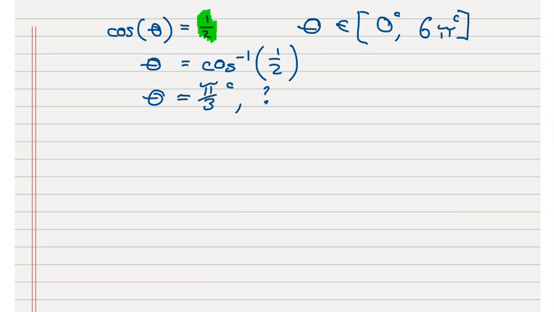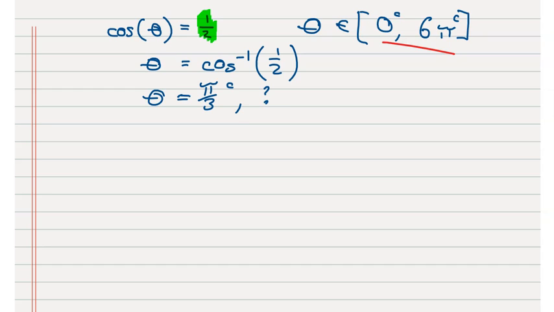Now the question at hand at first is, how many solutions can we expect at least for the first period of this, or the first cycle of this function? So remember the concept of a periodic function, in that it repeats itself. The question we're working on wants to do it over a range of 0 to 6 pi.